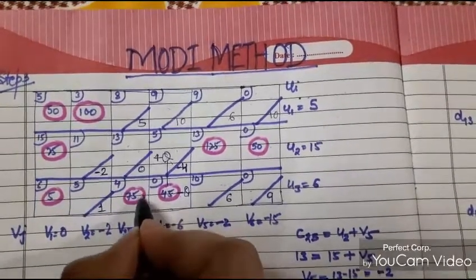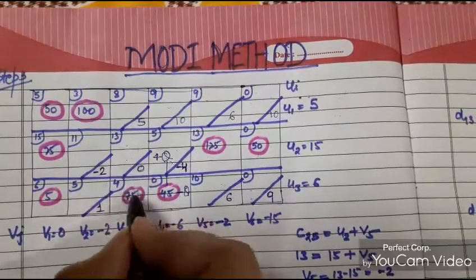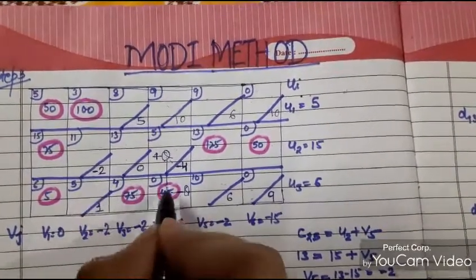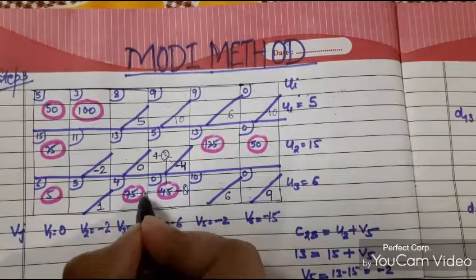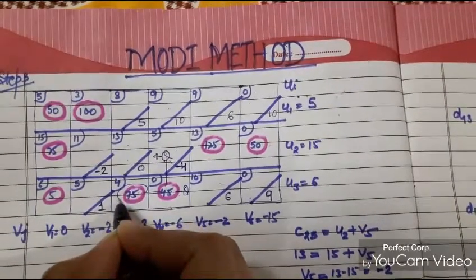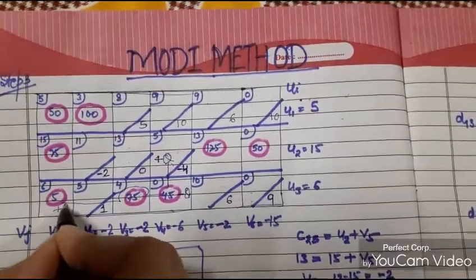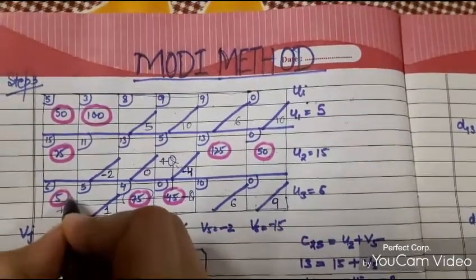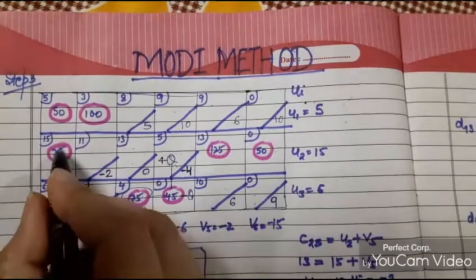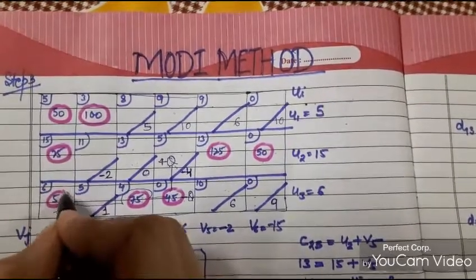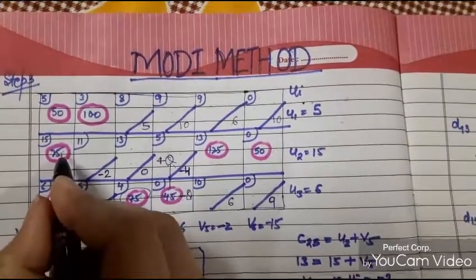If I connect to this one, I can't connect to any other cell. But if I skip it, join this one and allocate plus theta to this cell, then I have the option to jump above, where I have the allocation, and I can connect to this cell.